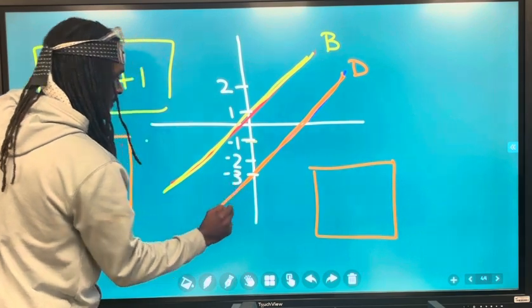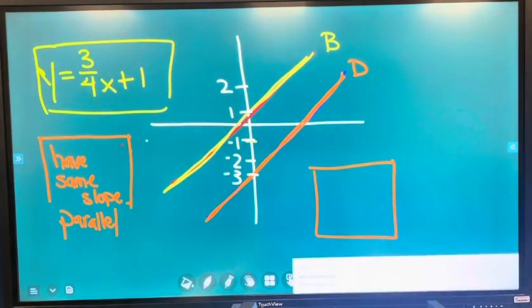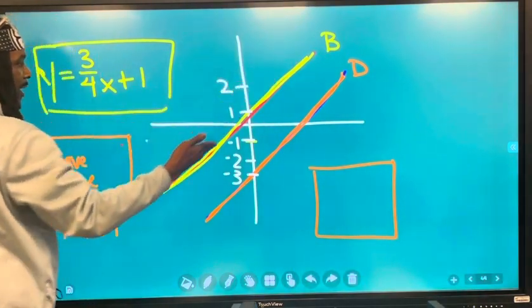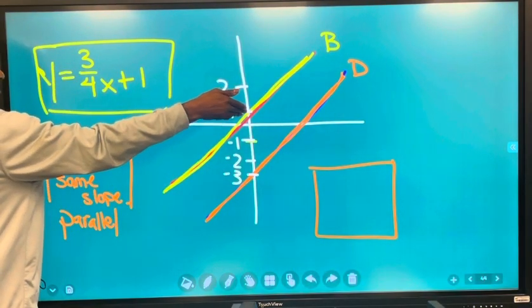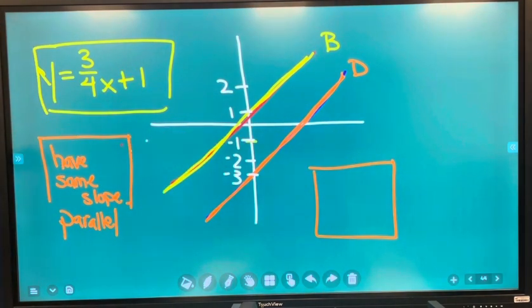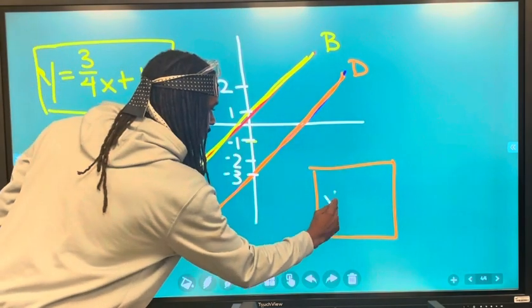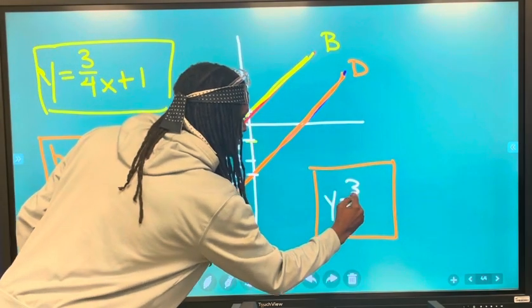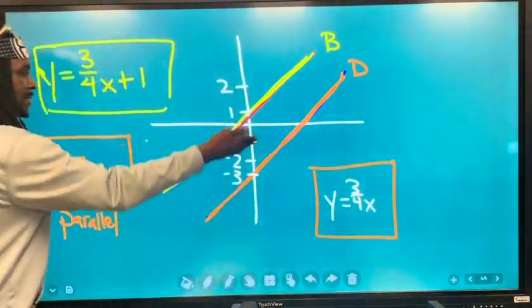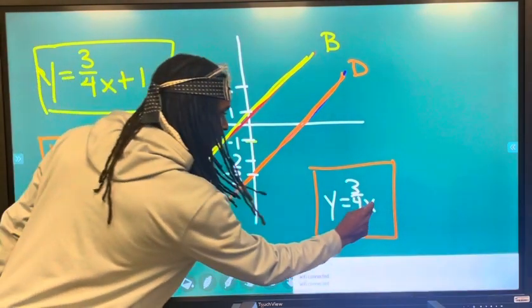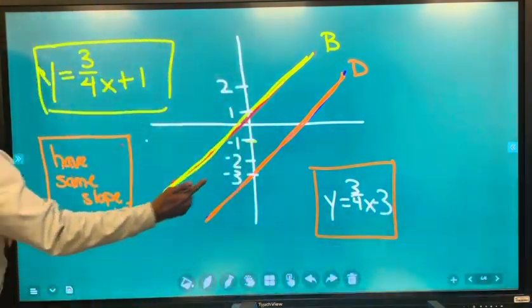Now, if you can see the top equation, B has crossed the y-intercept at 1. If you were to try to create an equation for line D, it's got to have the same slope, so you can have something like y equals 3/4 x, but where does this one cross the y-intercept? -3. Do y'all see how these two are now parallel?